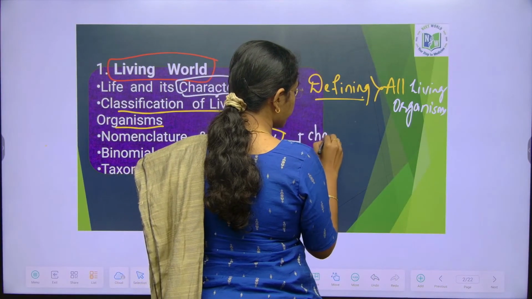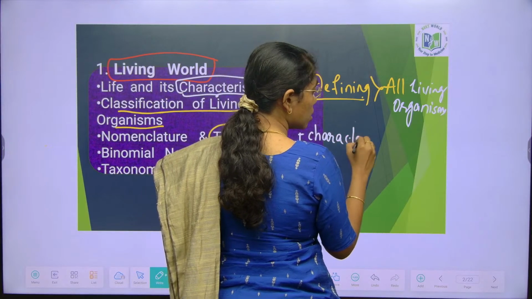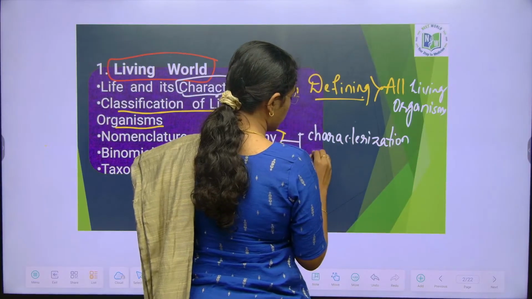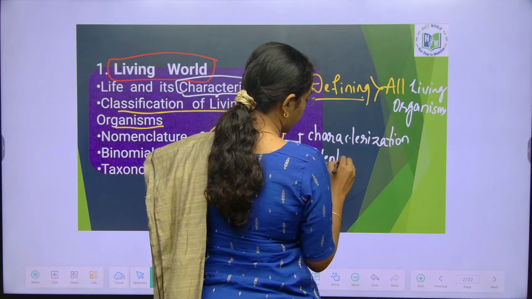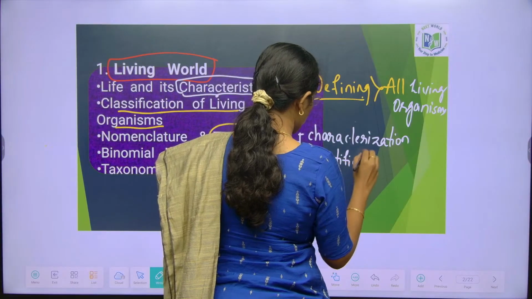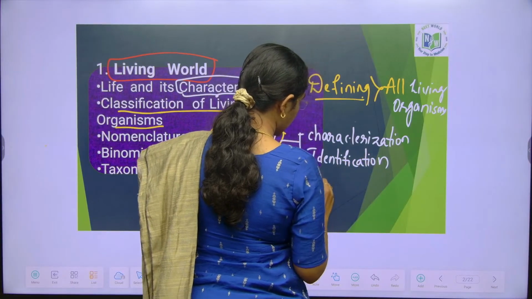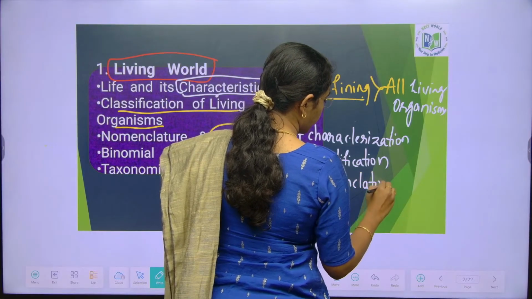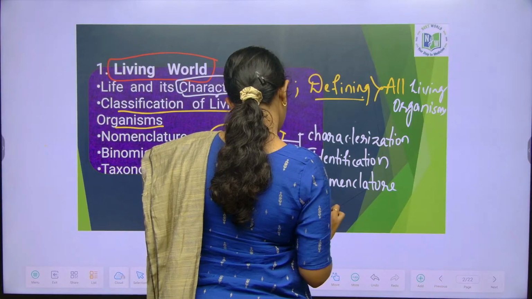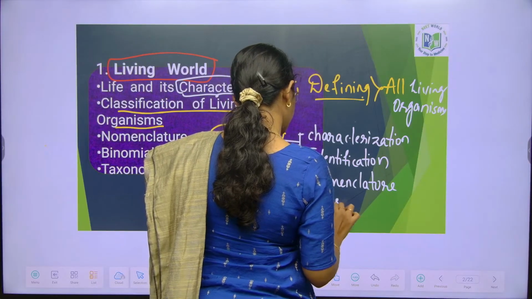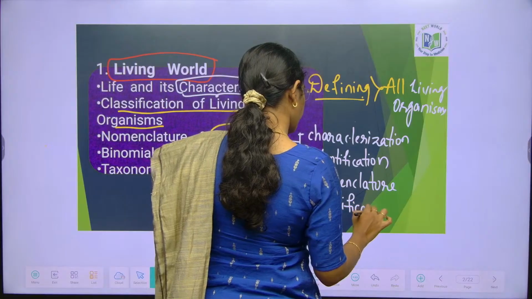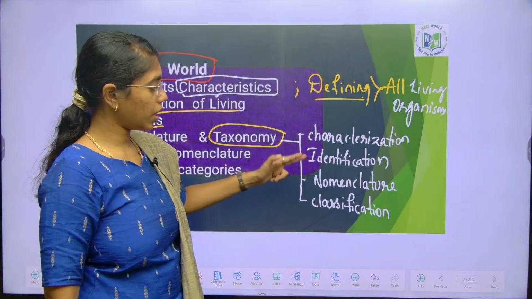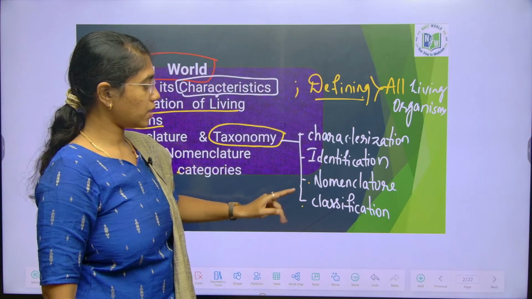Characterization, identification, nomenclature, and classification. Got it? First is characterization and then identification, nomenclature and then classification.